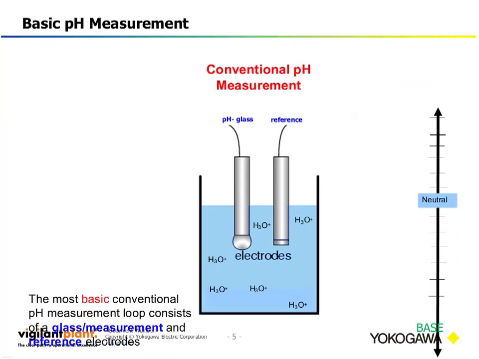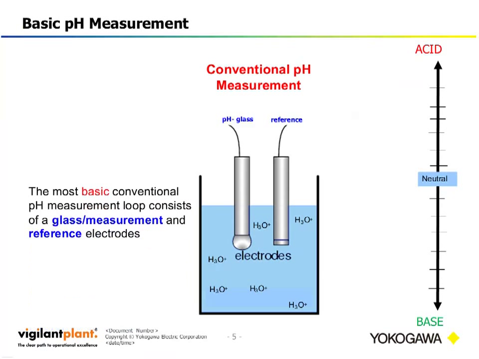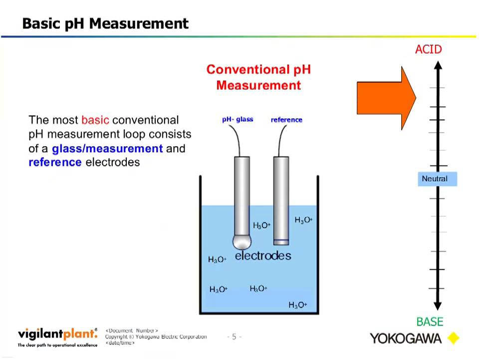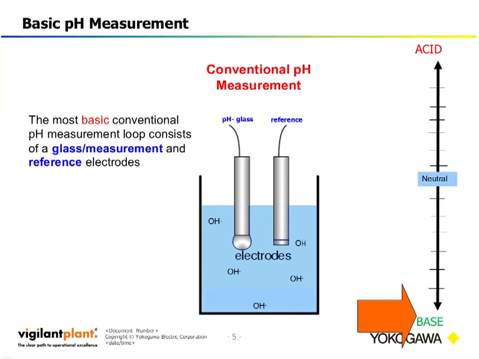So to best understand the strengths and weaknesses of the two types of reference systems, we need to review the basics necessary for a pH measurement loop. To save time, we'll leave out the temperature electrode in our explanation. So for our purposes, to measure pH of an aqueous solution, the minimum electrodes that are needed are a measuring or glass electrode and a reference electrode.